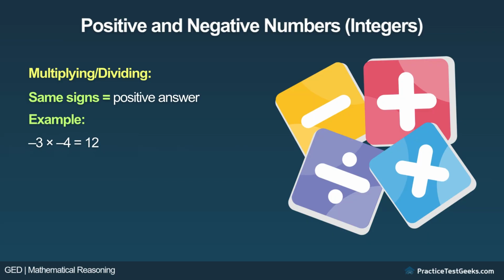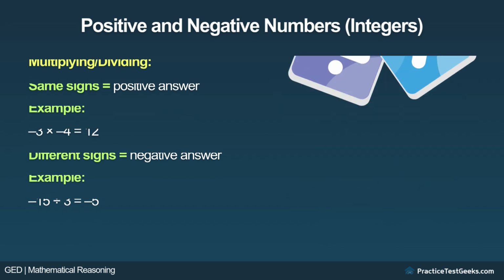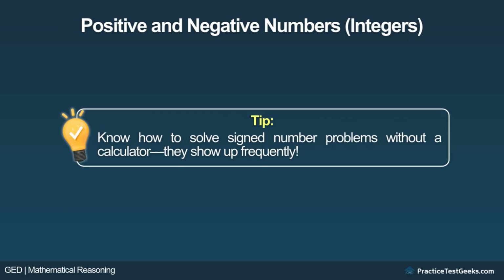Example, -3 times -4 equals positive 12. If the numbers have different signs, the result is negative. Example, -15 divided by positive 3 equals -5. GED tip: signed number questions appear often on the test, and many must be done without a calculator. Practice following these rules carefully so you don't make sign errors.